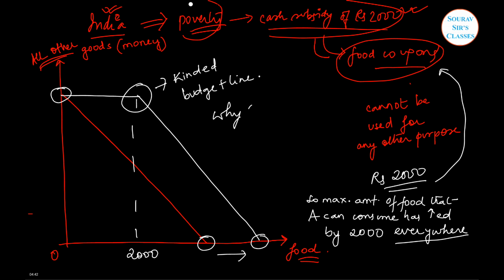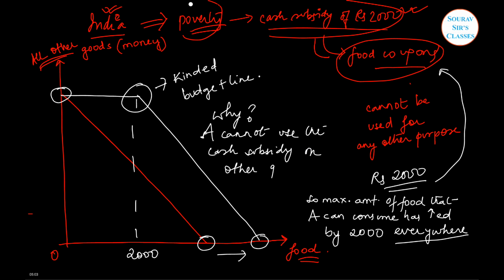Question is why? This is because A cannot use the cash subsidy on other goods.